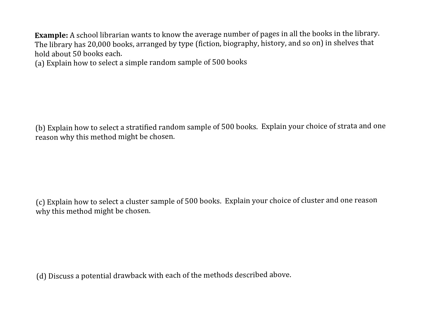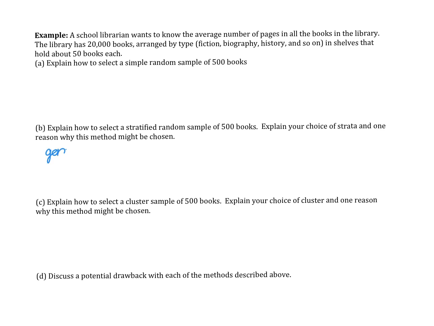Ideas. So B, stratified sample, we need strata where the books are similar within each group with regard to average number of pages. So what would be one logical way to stratify? Genre. Okay, why?